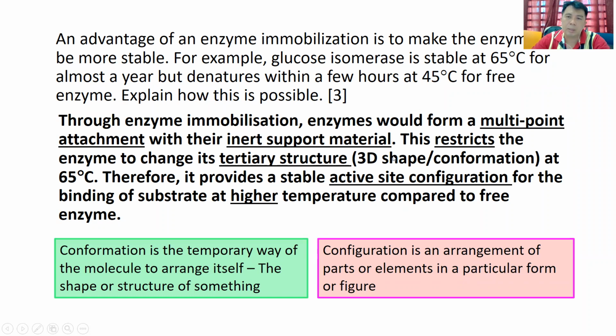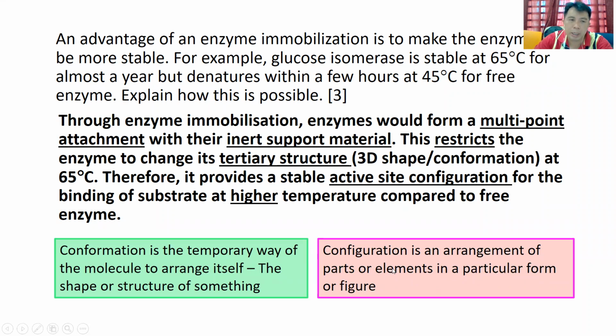So what is the difference between conformation and configuration? Let's make it simple. Conformation is the temporary way for a molecule to arrange itself, so that means the shape or structure of something. Configuration is an arrangement of parts or elements in a particular form or figure. These definitions come from the Oxford Dictionary.